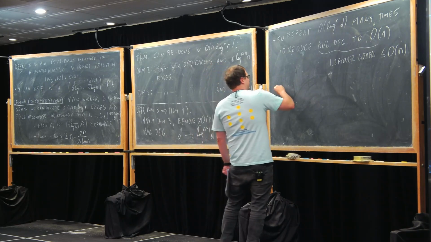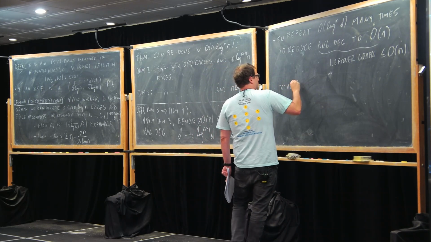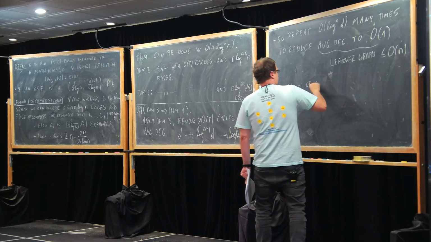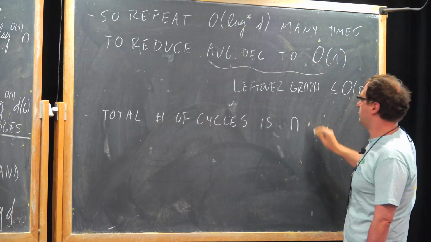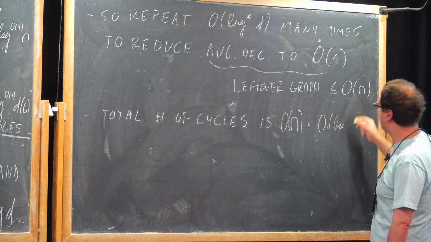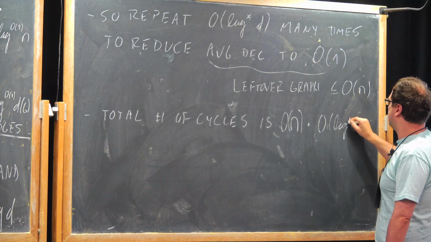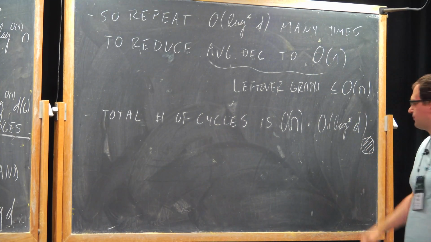And since the total number of cycles we paid is n times big O of log star d, which is what we wanted.